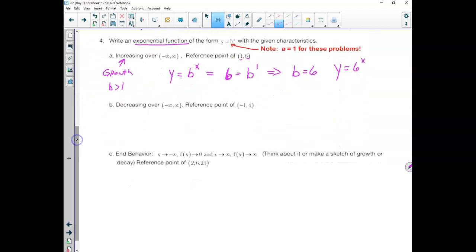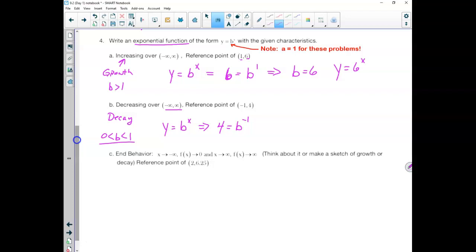Well, how about the next one? If it's decreasing from negative infinity to infinity, that means it's a decay function, which means b has to be greater than 0 but less than 1. Can it be negative? No, it cannot. Okay, so we're going to take y equals b to the x, and plug in our y, which is 4, and our x, which is negative 1.